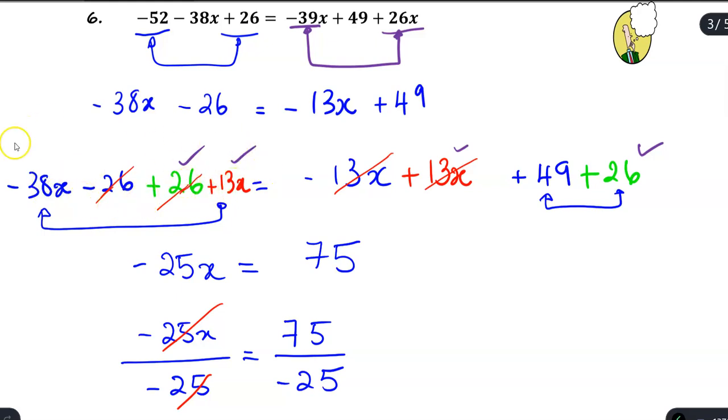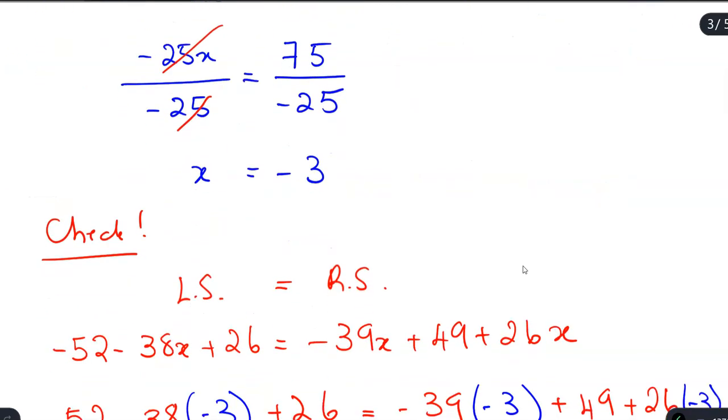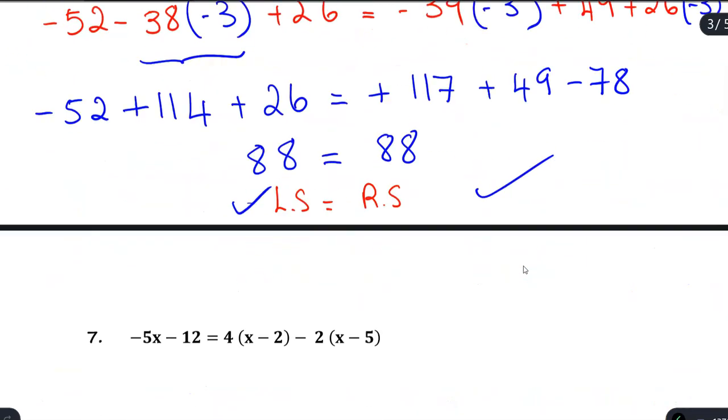And you have all the x terms on this side, combine the two coefficients, you have negative 25x left on this side of the equation. For this, you get rid of the x as you want. You don't want x on the right hand side, and you combine these two numbers. You bring x to the simplified version, and then you get rid of the negative 25 by dividing both sides by negative 25.